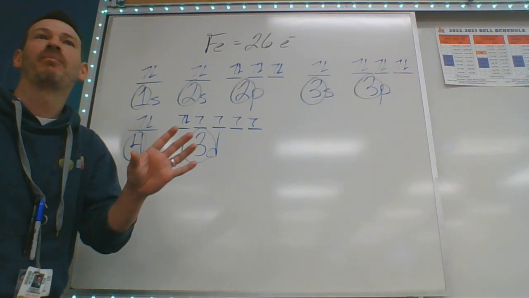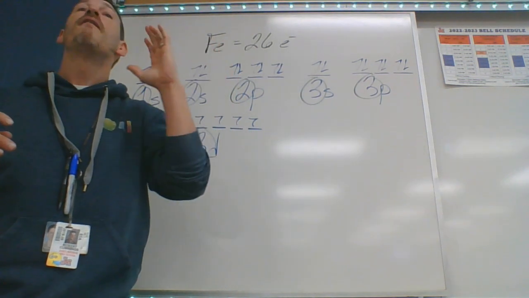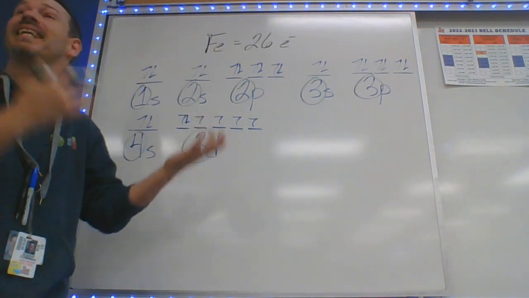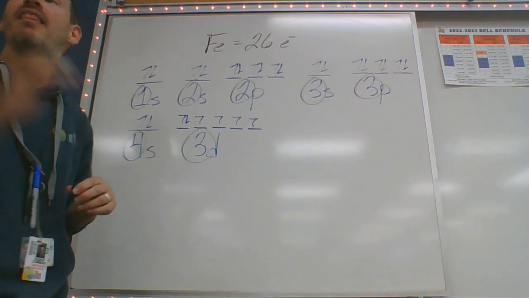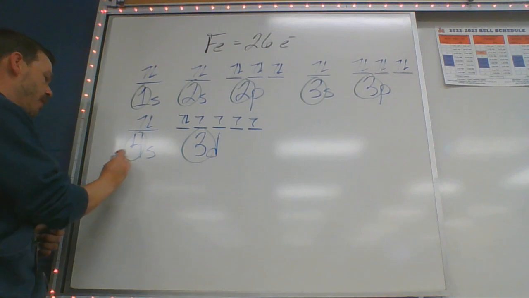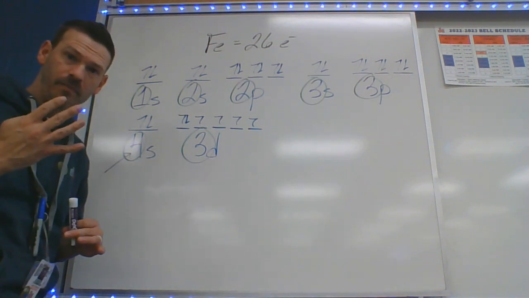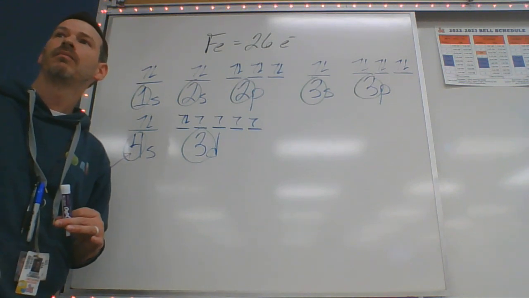I'm just looking for a number. Energy level. Don't be giving me letters. Those are cloud shapes. I don't care about cloud shapes. 4. 4 is the biggest circled number. Therefore, this 4 right here, all of the electrons with an energy of 4 are valence.